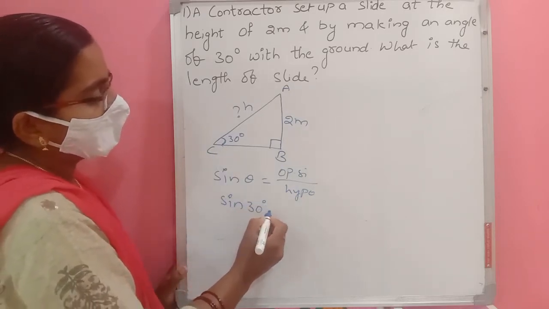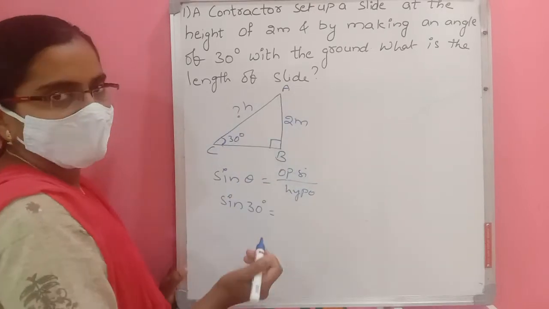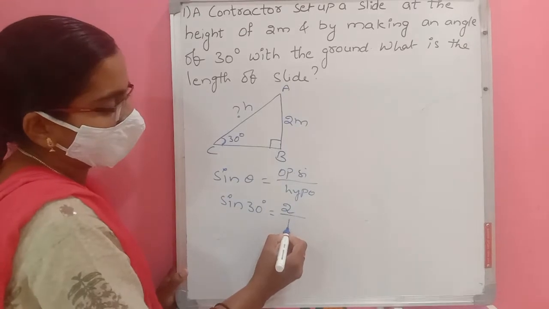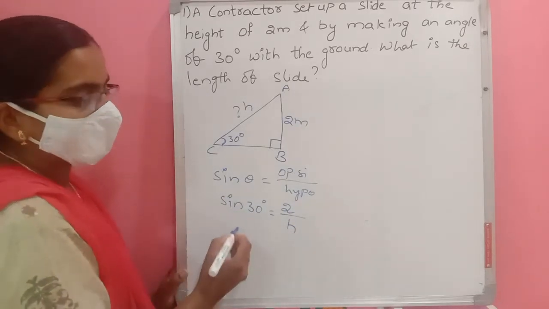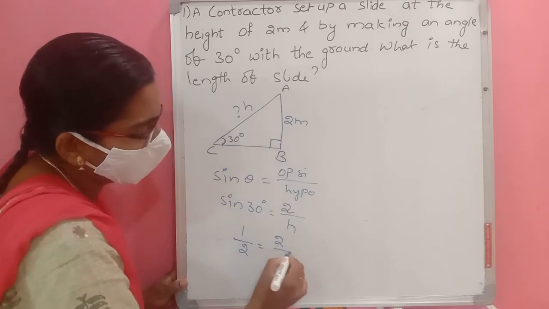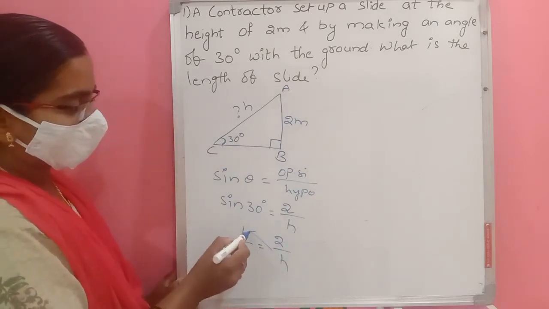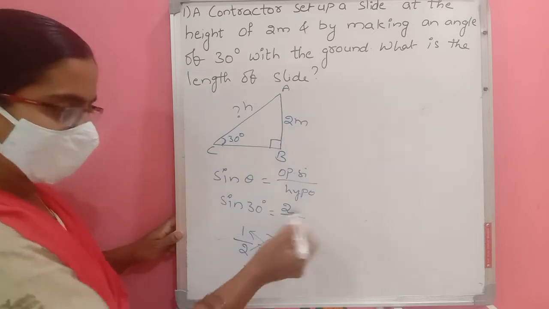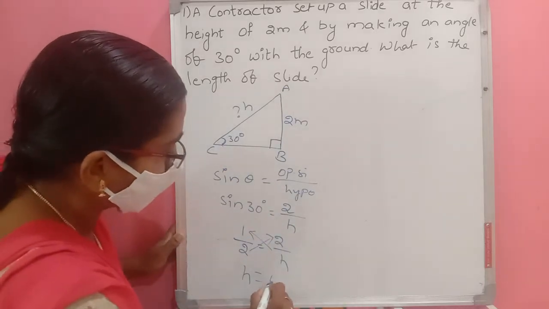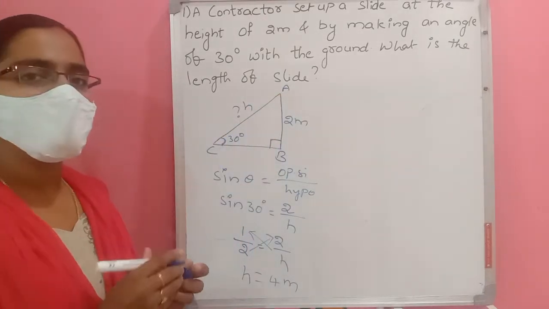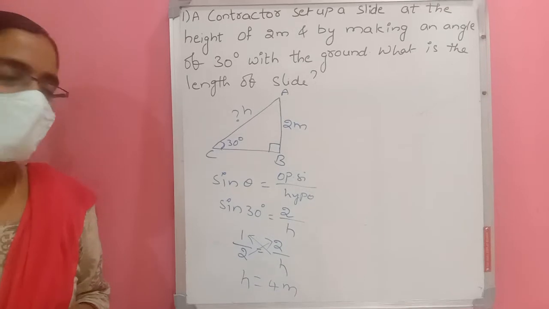Sine 30 is equal to the opposite side AB, that is 2 meter, as given, by the hypotenuse, which we don't know, take it as H. Sine 30 value is 1 by 2, equal to 2 by H. Transpose this H this side: 1 into H is equal to H. Transpose this 2 this side: 2 twos are 4, so 4 meter. This is the hypotenuse, and hypotenuse is the slide. Slide length is 4 meter.